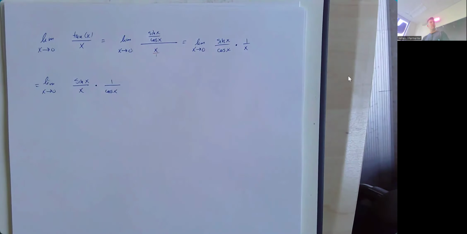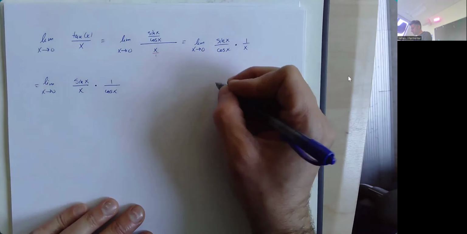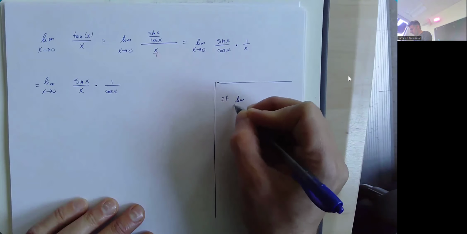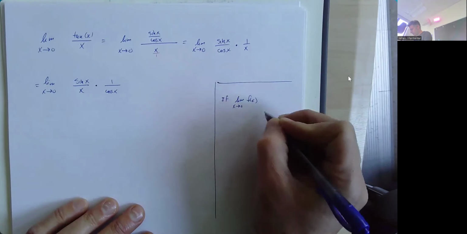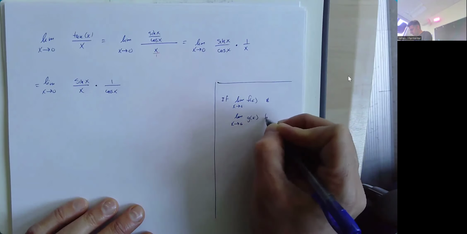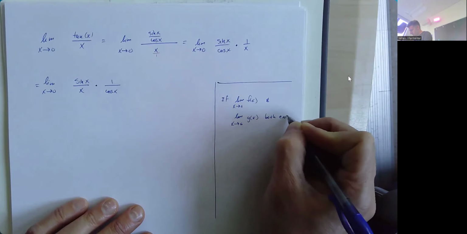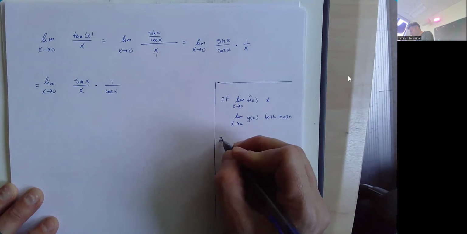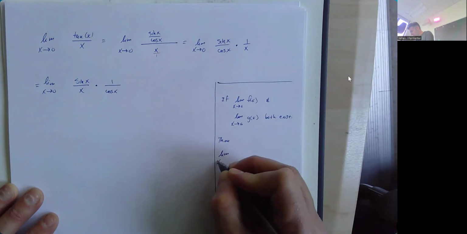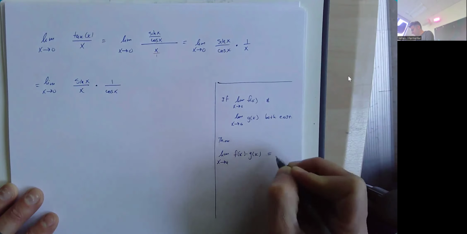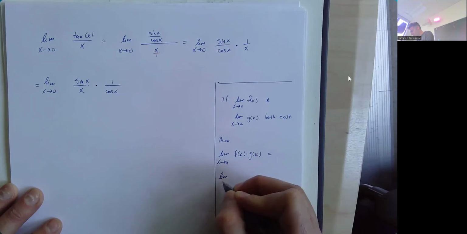There is a limit rule that says if the limit as x approaches a of f of x and the limit as x approaches a of g of x both exist, meaning they're not infinity or negative infinity because those aren't limits that actually exist, then it is true that the limit as x approaches a of f of x times g of x is equal to the product of each individual limit.